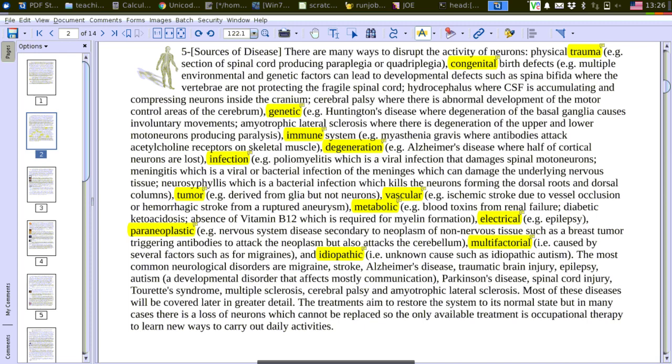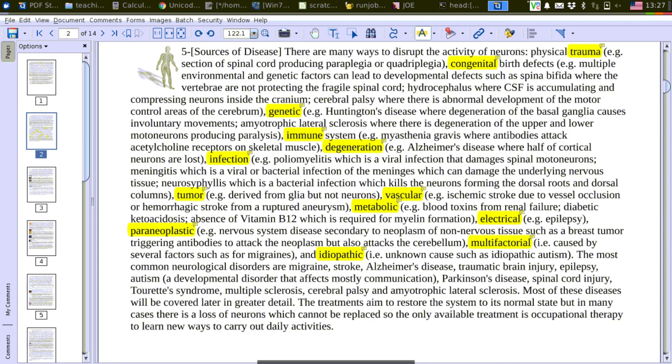Now, we will cover most of these diseases in greater detail through this part of the course. The treatments are very difficult for the nervous system because neurons do not repair themselves, and oftentimes disease kills neurons.